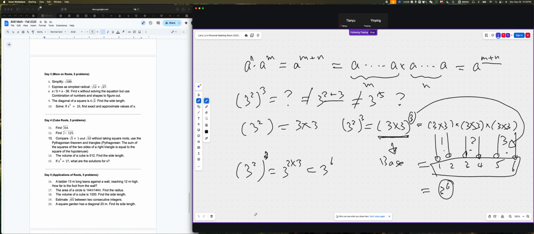So we get a power m, then power n, equal to a power m times n.